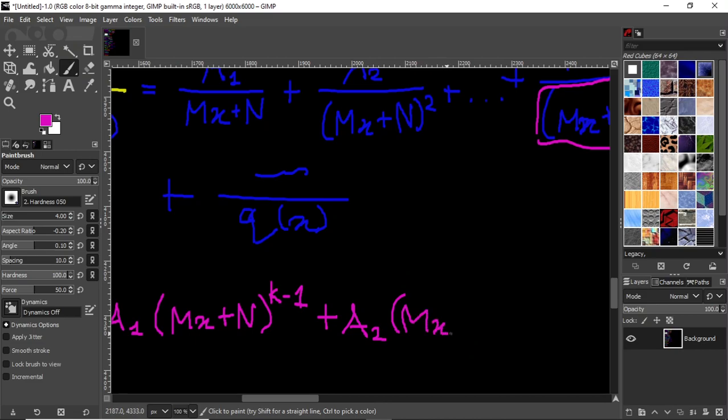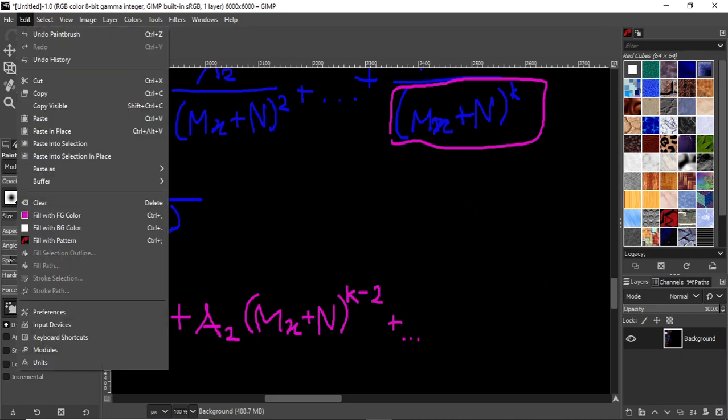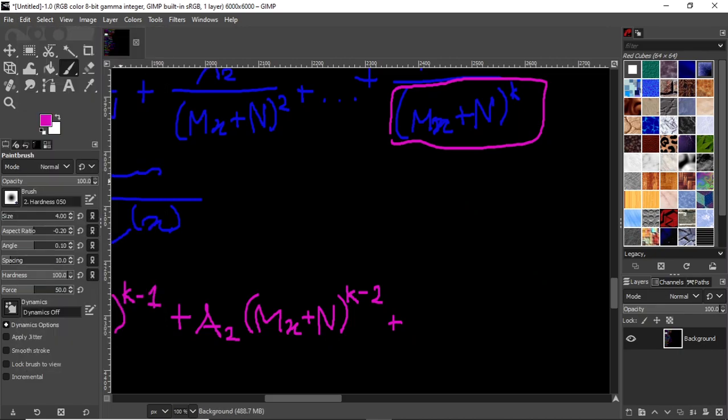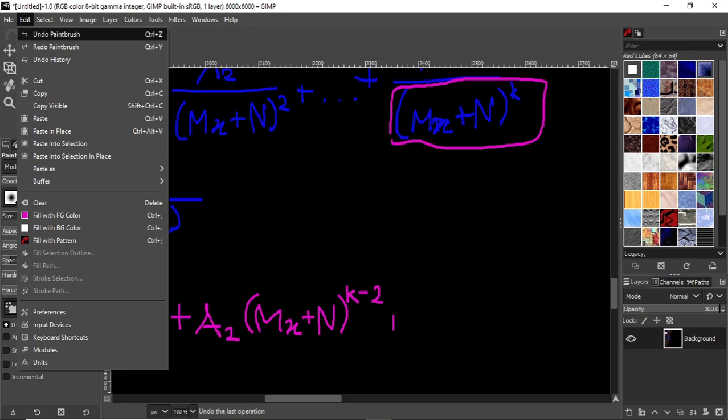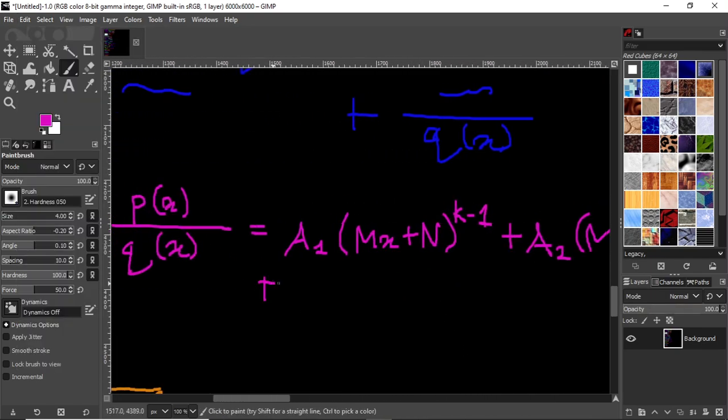You get mx plus n to the power k minus 2, all the way up to, just for the sake of making this easier to see, I'll write it here. This is the main term here.